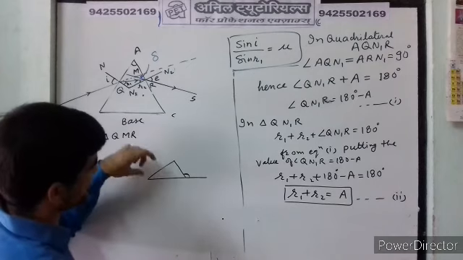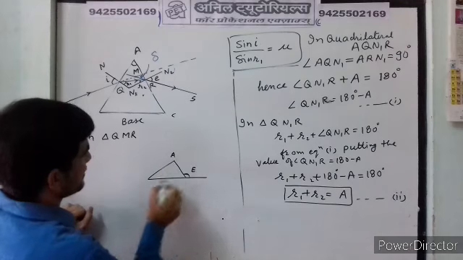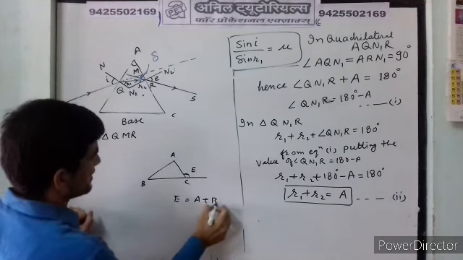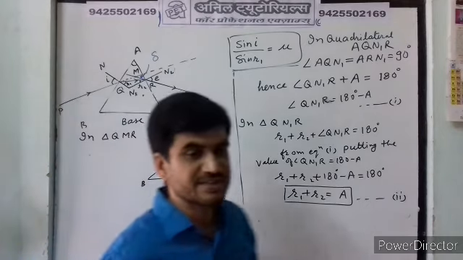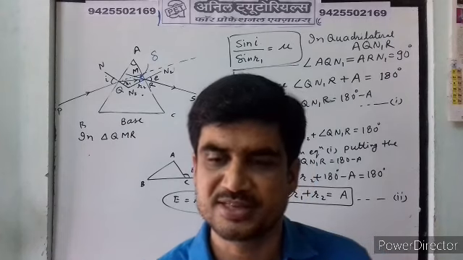This angle will be equal to this plus this. Means this is the exterior angle, say E, so E will be equal to angle A plus angle B. Always, this is a theorem that you studied in the high school classes.